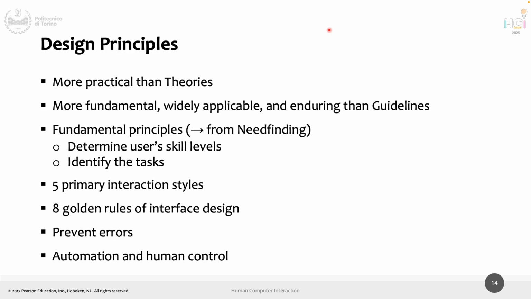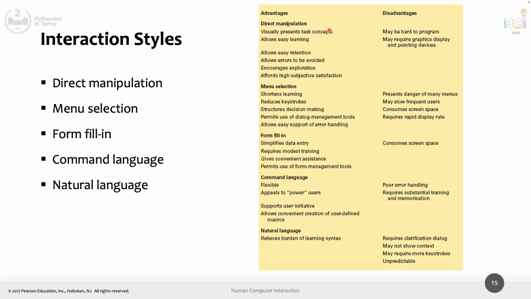As I was saying before, with respect to guidelines, they are a little bit more abstract, but more practical than theories. And what we are going to talk about are the 5 primary interaction styles very quickly, and then 8 rules of interface design. It is a set of principles, and then we will see another set of principles when we talk about the heuristic evaluation.